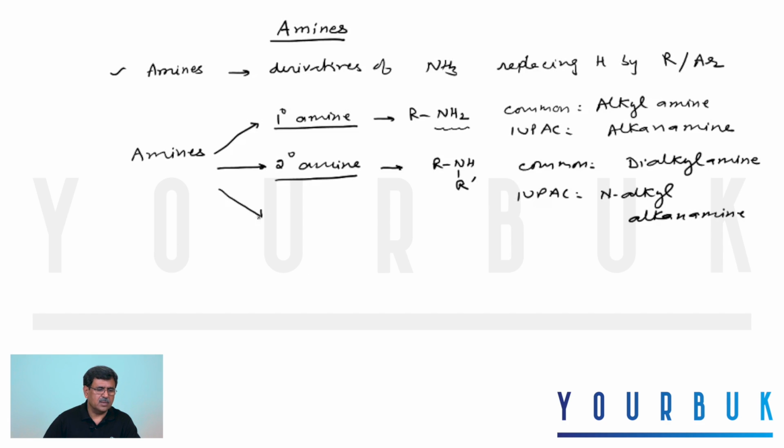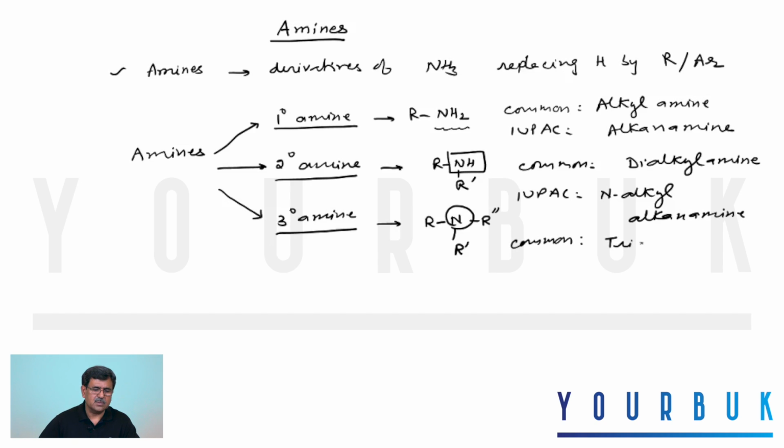Then we have 3-degree amines, when we replace all three hydrogens of ammonia. So 3-degree amine contains only N, and 2-degree amine contains NH. 3-degree amines have a common name, trialkylamines, if all three alkyl groups are identical.